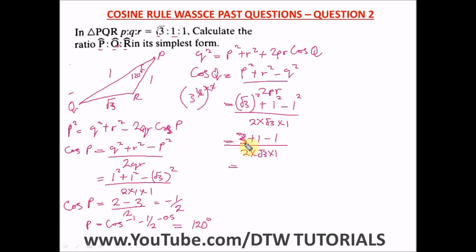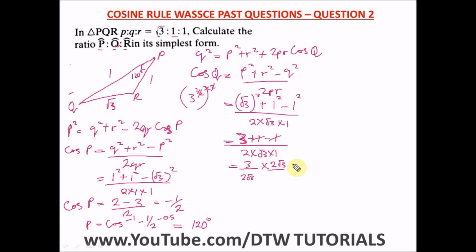Okay, so we have 3 plus 1 minus 1 over 2 times root 3 times 1. So here what do we have? We have 3. 1 minus 1 is what? 0. So we have 3 over 2 root 3. Remember, you can't leave your answer like this in surds, as in you have a surd in your denominator, so you have to what? Rationalize. So in rationalizing, you multiply by root 3 over root 3.